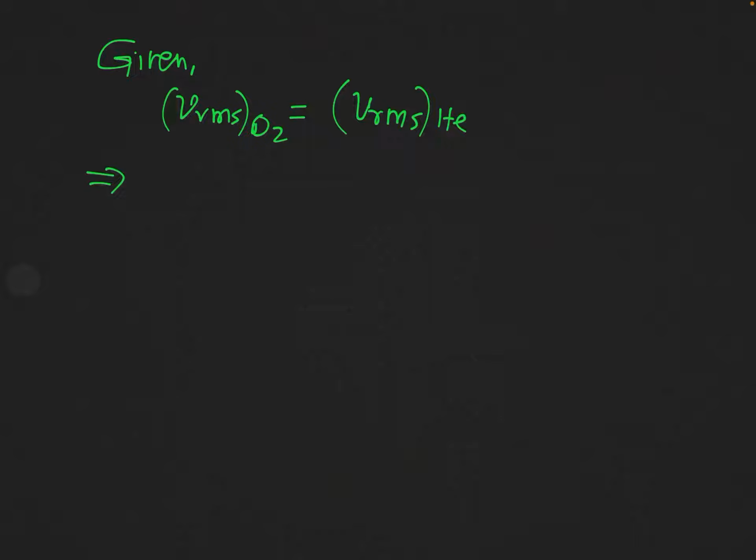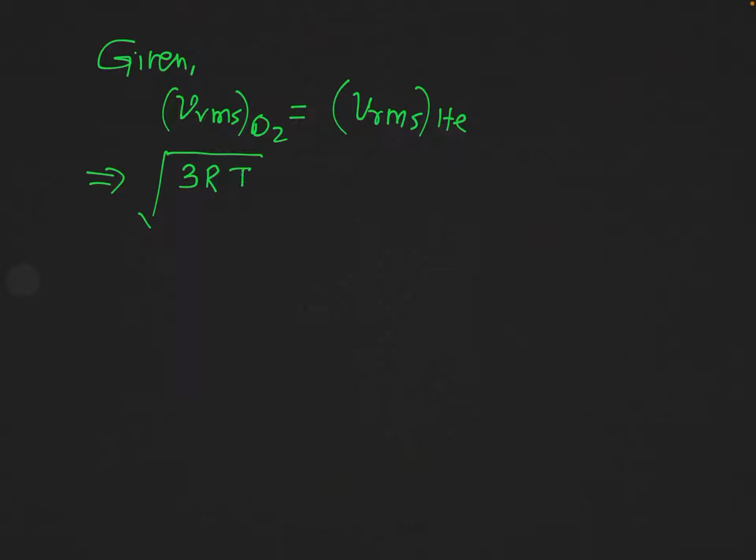So it is given in our problem that Vrms of O2 is equal to Vrms of He. And so you can write the expression for this RMS speed. You know, this is the square root of 3RT.